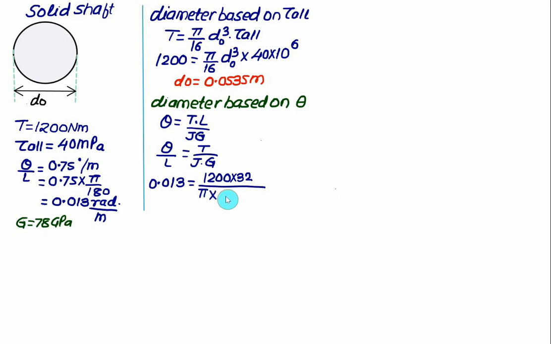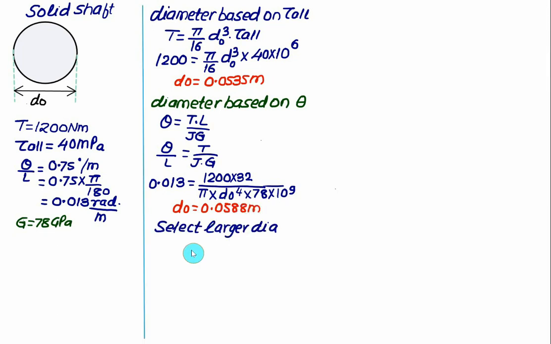In the denominator we have D0 to the power 4 multiplied by the value of G, 78 giga, which is 10 to the power 9. So we'll get the value of D0, using SI units, not conventional units. This value is equal to 0.0588 meter.